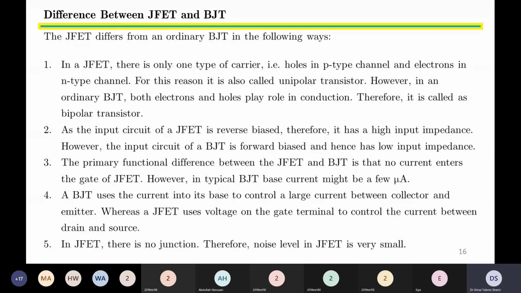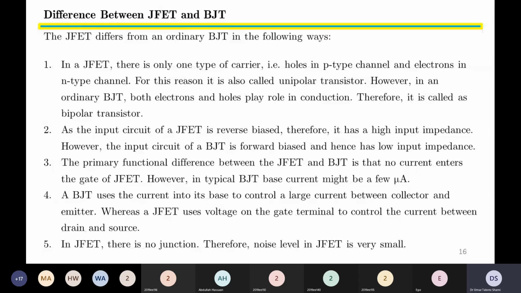And for this reason, the JFET is also called the unipolar transistor. However, in an ordinary BJT, both electrons and holes play a role in conduction. Therefore, we call it a bipolar junction transistor.